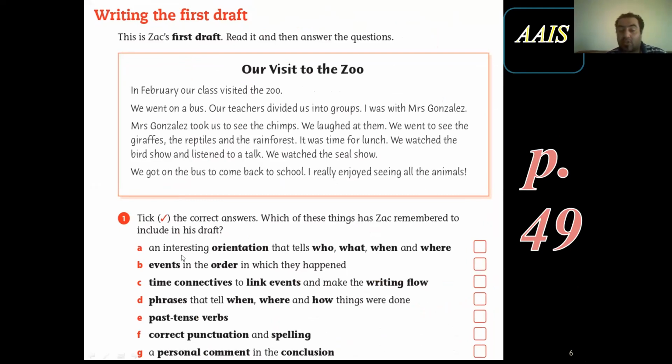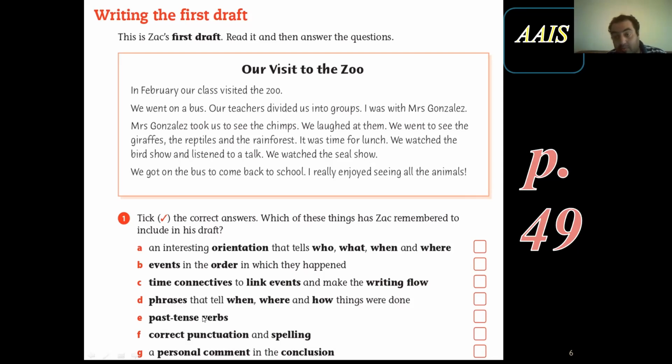So if he used an interesting orientation, tick it. If he put the incidents in order, if he used good sequence, tick it. If he used time connectives, do you remember what are time connectives? To link events like first, second, then, next, last, finally. So you tick it. Phrases that tell when, where, and how things were done.